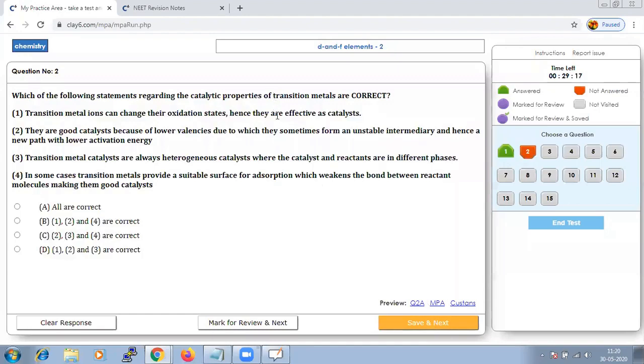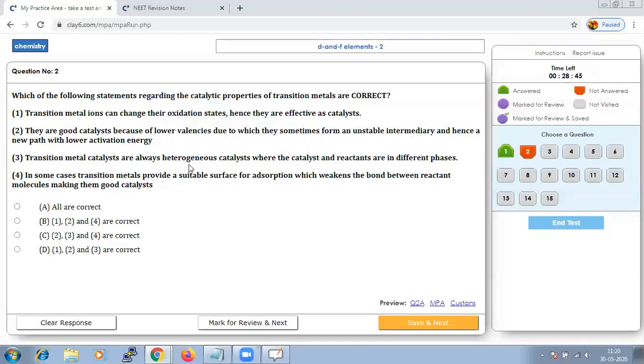Which of the following regarding the catalytic properties of transition metals are correct? We have to pick the correct statements. Transition metal ions can change their oxidation state, yes, of course. They are good catalysts because of variable valencies, due to which they sometimes form an unstable intermediate and hence a new path with lower activation energy. That is correct.